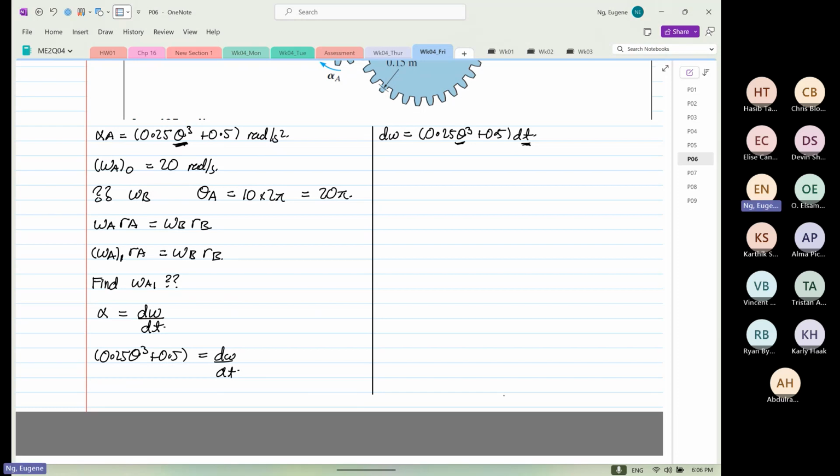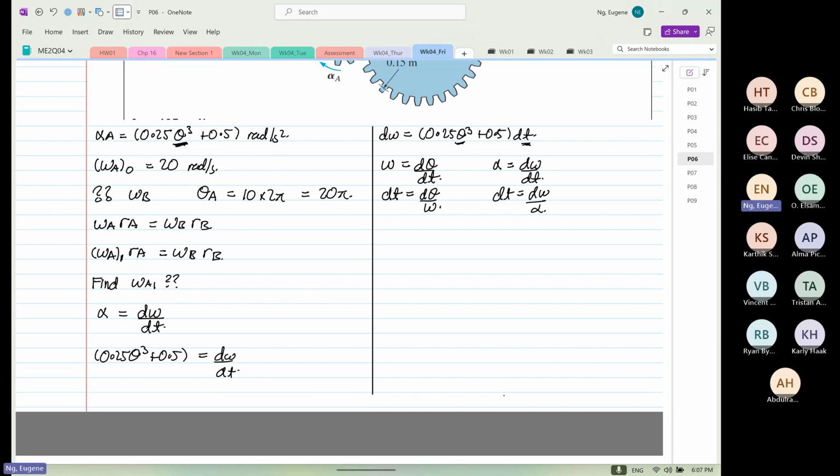So next we have to think about omega is equal to what? d theta over dt, yes or no? So what I can do now is dt is equal to d theta over omega. And I know alpha is also equal to d omega over dt, so dt will be equal to d omega over alpha.